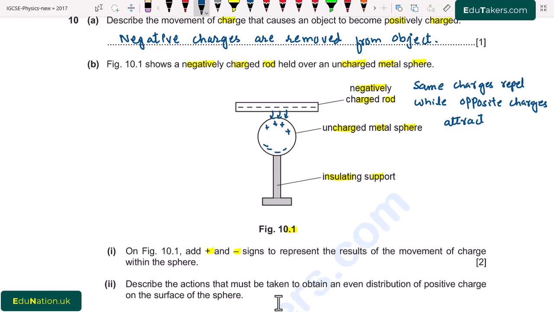So in this way, the charges on the uncharged metal sphere appear. Because at the top there is a deficiency of electrons, the positive charges appear here and the negative charges at the bottom surface of the sphere, because these negative charges are repelled by the negatively charged rod.